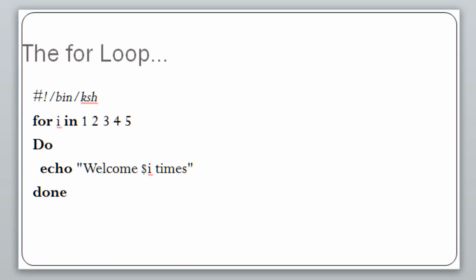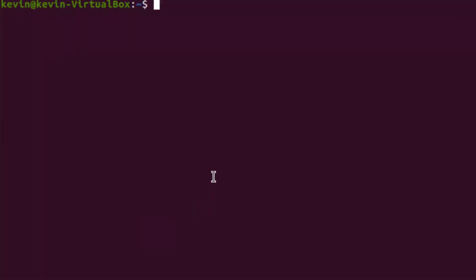Okay, let's see that in action. We're going to make a script called for.sh. We start with the hash-bang /bin/bash. We say for i in 1, 2, 3, 4, 5, do echo welcome $i times, done.